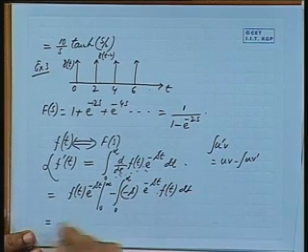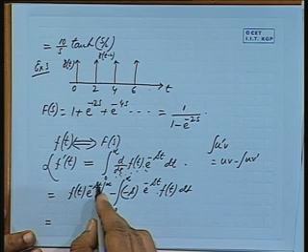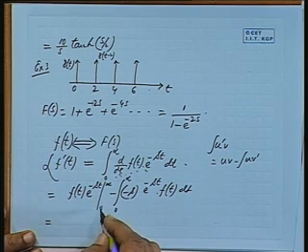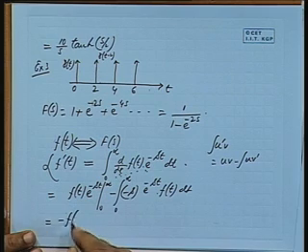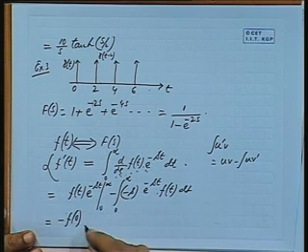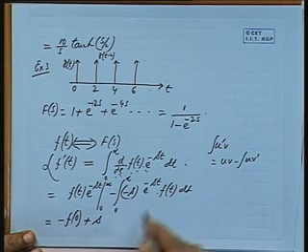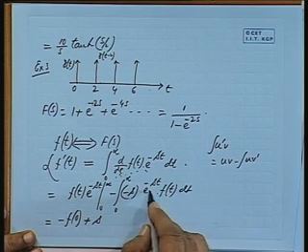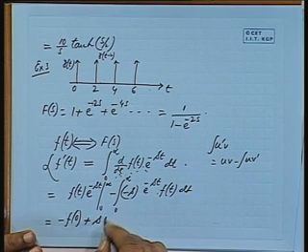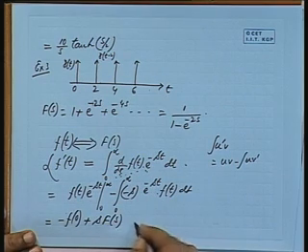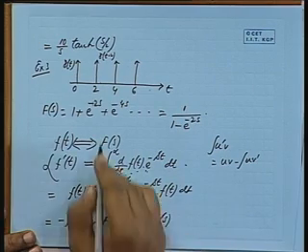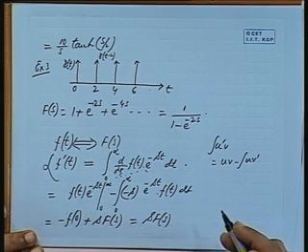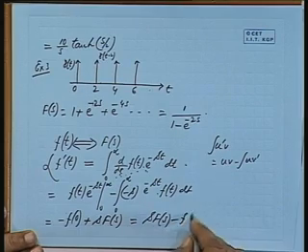So, this one will give me, if I put infinity, this becomes 0, minus, if I put 0, it will be minus f(0). Minus and minus will make it plus, and the integration of f(t) e to the power minus st dt is F(s). So, it is s into F(s), where F(s) is the Laplace transform of the original function f(t), minus f(0).